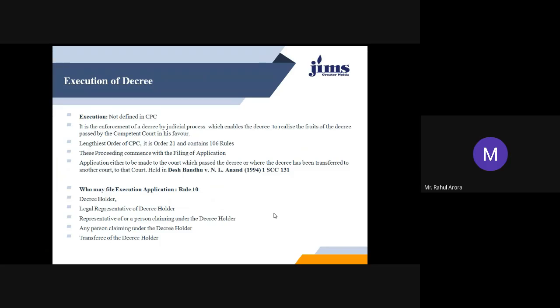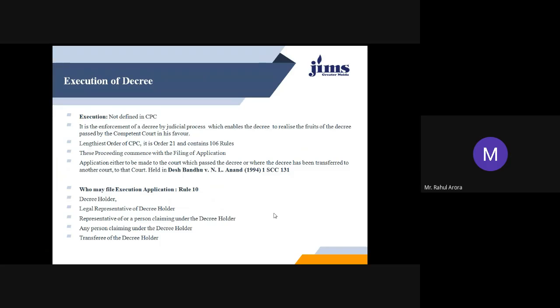So, how can these proceedings be initiated in the court of law? These proceedings can be commenced with the filing of an application. And where to file this application? The application can either be made to the court which passed the decree, or, where the decree has been transferred to another court, to that court. This was so held in the case of Deshbandhu versus N.L. Anand, 1994, 1 SCC, page number 131.